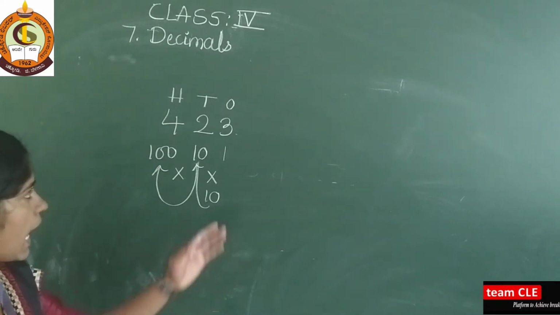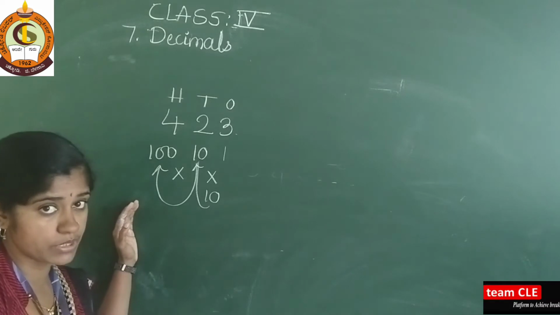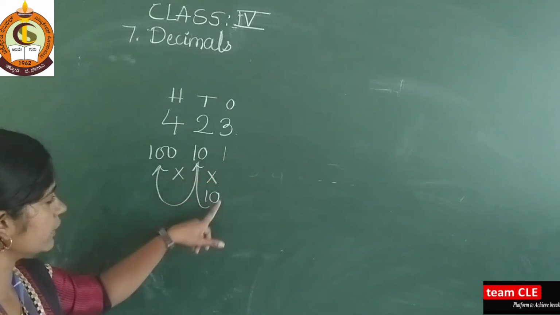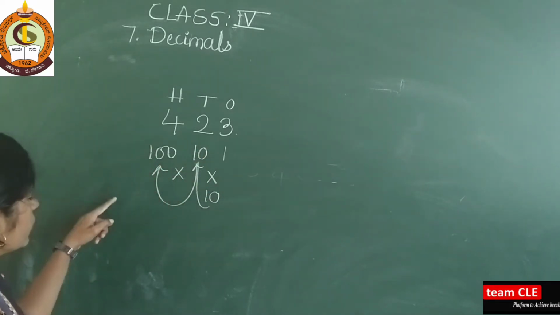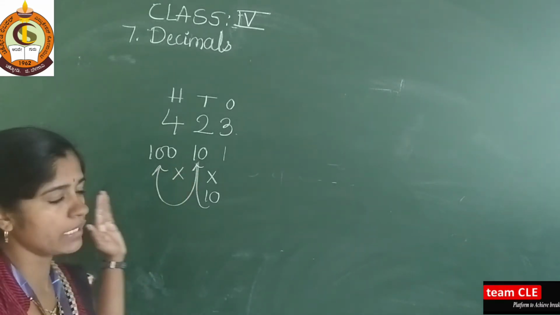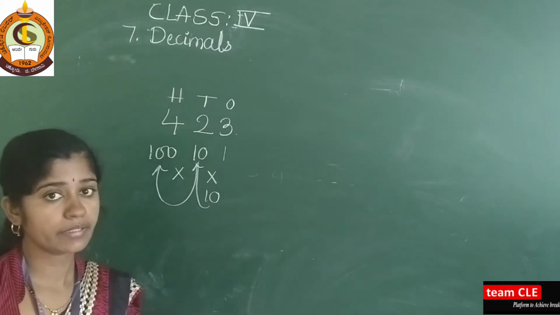It means as you move to the left side, the value increases 10 times. 1 into 10 is 10, 10 into 10 is 100, 100 into 10 is 1000. So when you move left, the value of the number increases 10 times. How many times? 10 times.